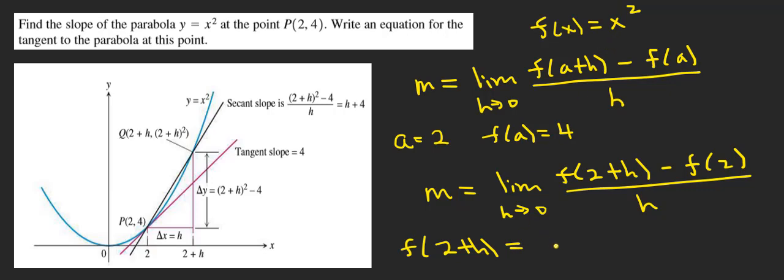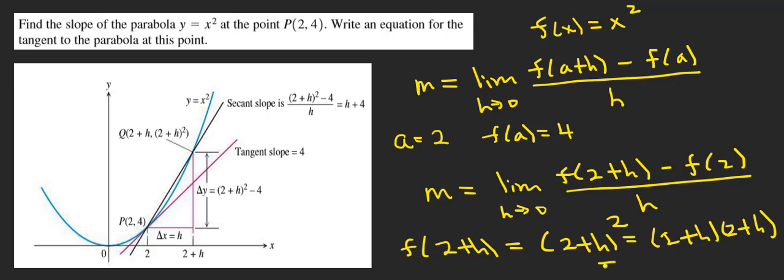Well, instead of x, you have to put 2 plus h. When you multiply this out, 2 plus h times 2 plus h, you will get 4 plus 4h plus h squared. Now what about f of 2? Well, when you plug in 2, you're going to get 4.